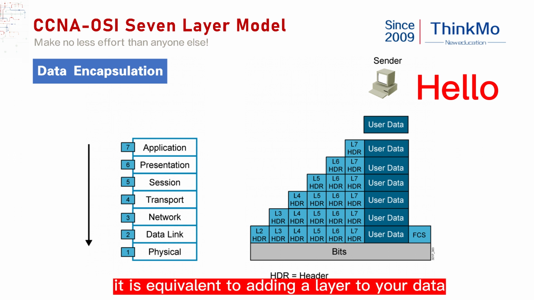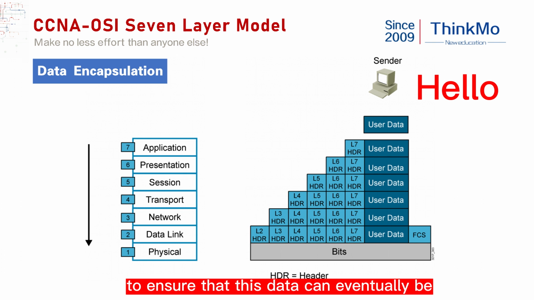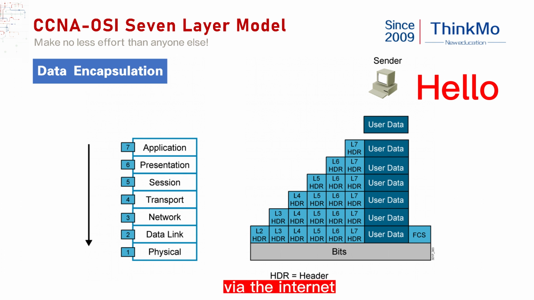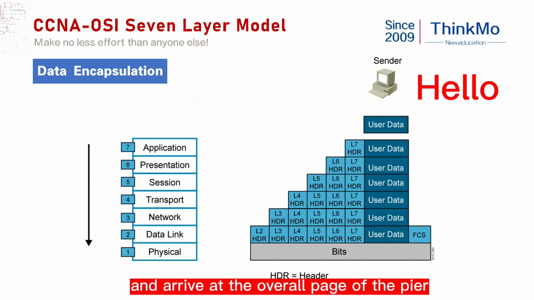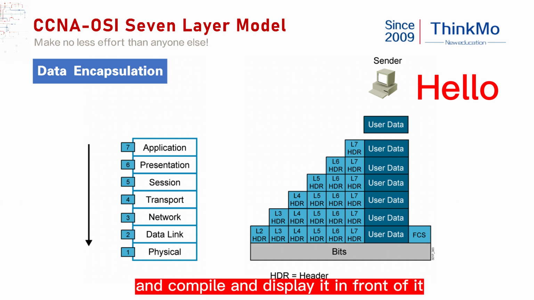It is equivalent to adding a layer to your data, and another layer, to ensure that this data can eventually reach the peer device via the internet, reach the peer application, arrive at the peer's page, and be compiled and displayed in front of them.